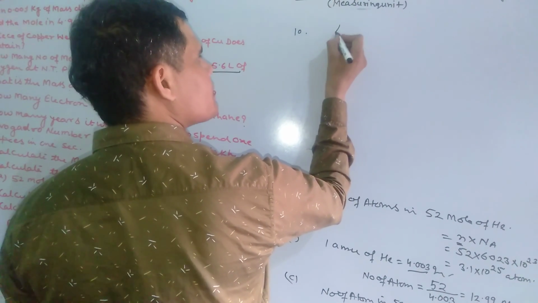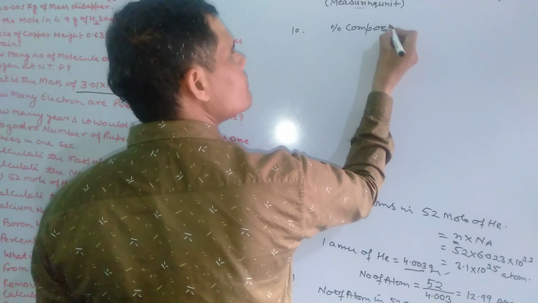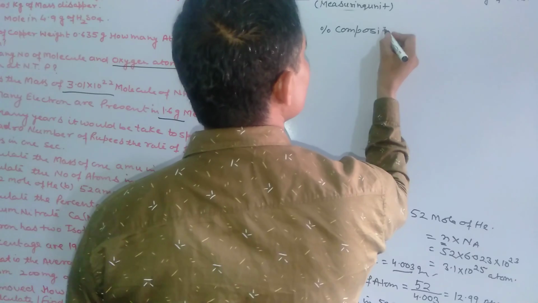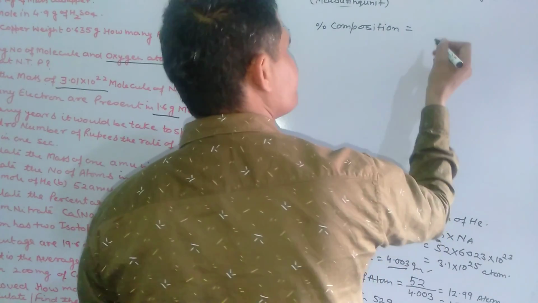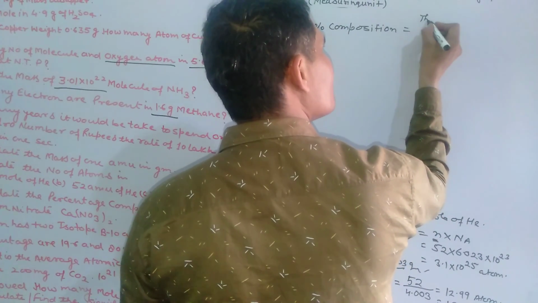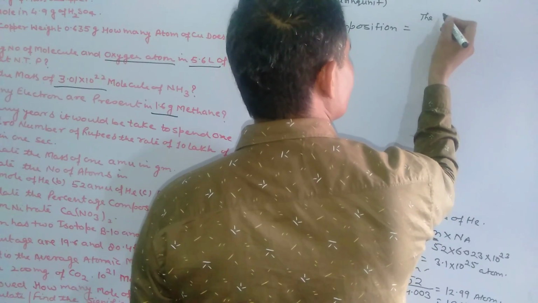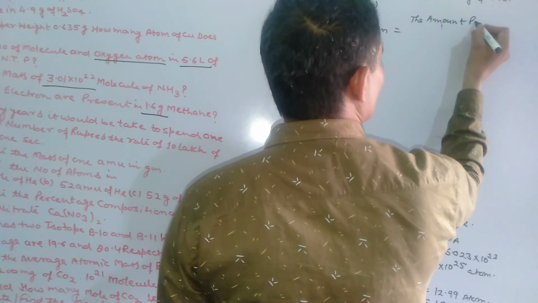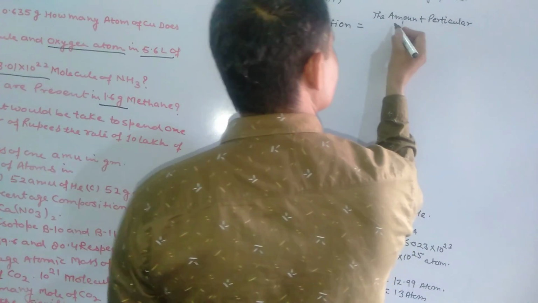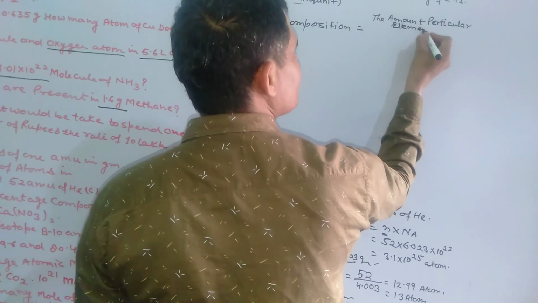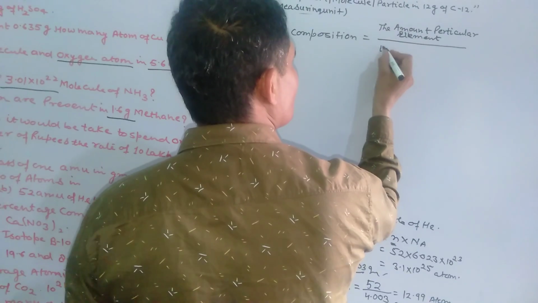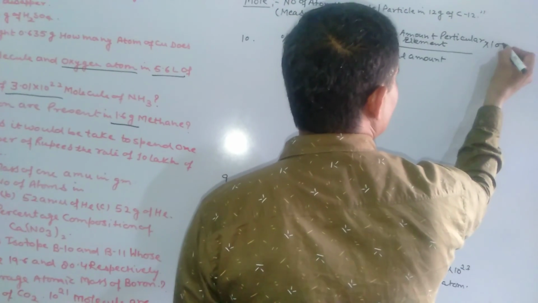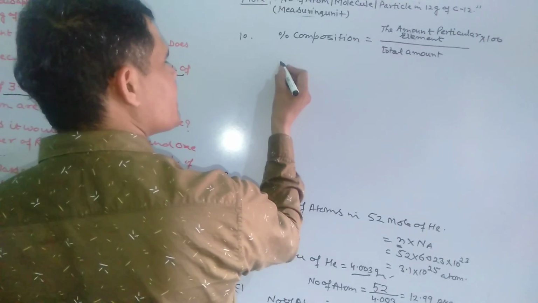The formula of percentage composition will be equal to the amount of particular element or atom upon total amount into 100. Percentage composition of calcium nitrate.